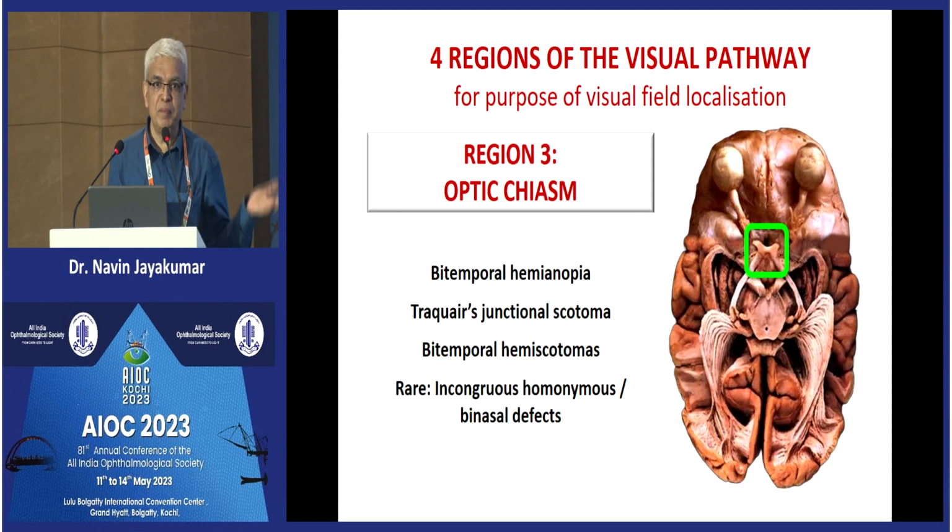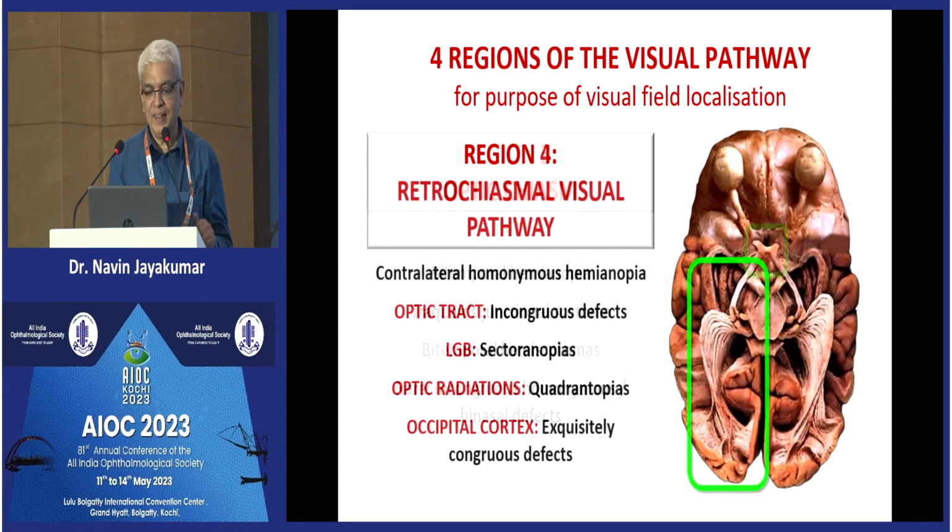You have bitemporal, binasal hemianopias or hemiscotomas, and occasionally, if a little posterior to the chiasm where the tract starts, you may get a little bit of incongruous homonymous hemianopias as well. And lastly, this big region at the back, which is the retrochiasmal visual pathway. It can produce a complete homonymous hemianopia on one side, which would just tell you that it is a retrochiasmal lesion on the opposite side.